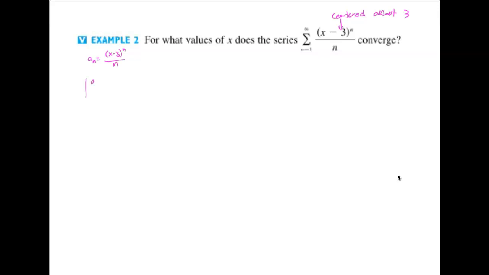Now we're going to do a sub n plus 1 over a sub n. I'm going to get x minus 3 to the n plus 1 over n plus 1, divided by x minus 3 to the n over n, absolute value.